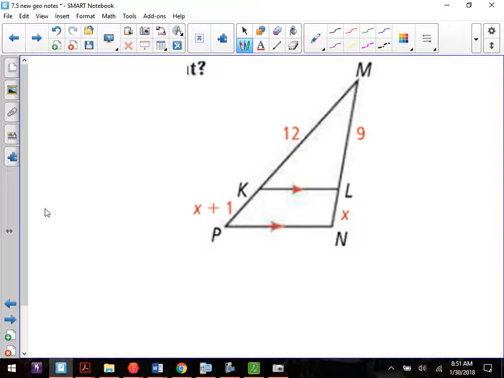All right, in this case, that KL is parallel to the second PN. So think of that KL segment as creating the fraction bar. Your ratio would be 12 over x plus 1 is 9 over x.